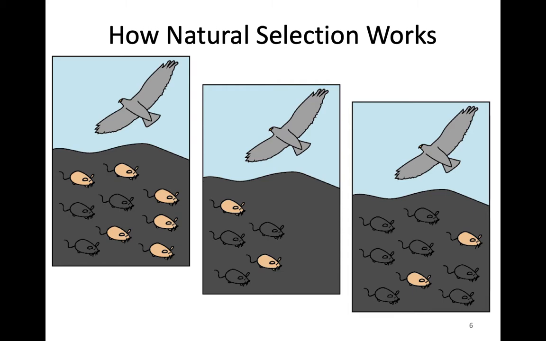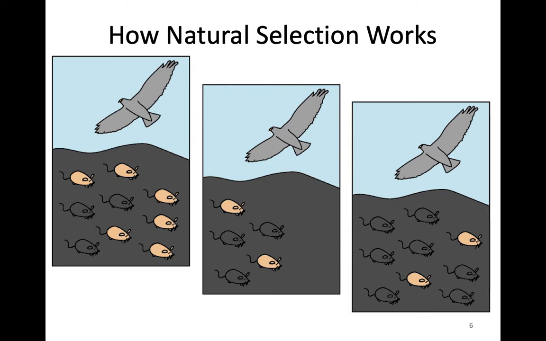So the black mice are the ones that are able to survive and not get eaten by the hawk, and because they survive, they go on to reproduce with one another. So after several generations, you would come to see a particular environment made up of almost exclusively or entirely black mice.